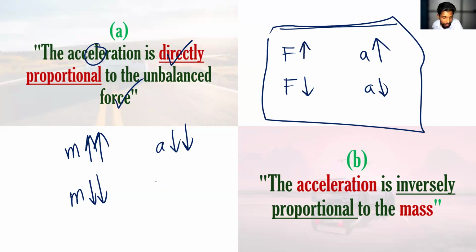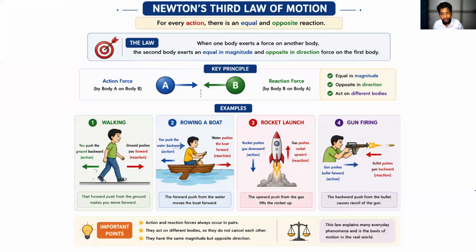So it happened vice versa, opposite way. Mass increases, acceleration decreases. So here, acceleration is inversely proportional to mass. So these are the two parts of Newton's second law. Okay.